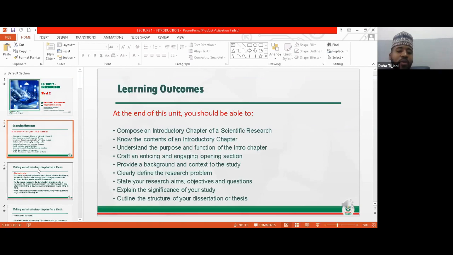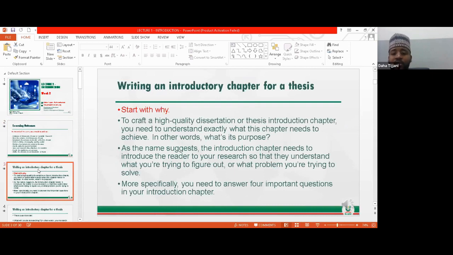So without further delay, we're going to start with how to write an introductory chapter in any academic or scholarly publication or thesis or dissertation. First of all, you need to start with why. You need to start with why do we need this chapter? As the name suggests, the introductory chapter is talking about the introduction.